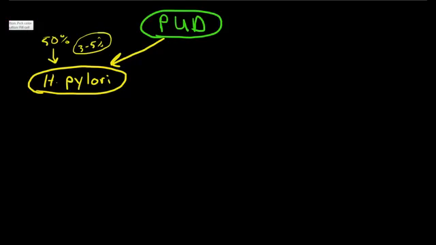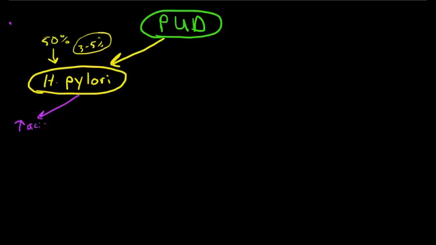Well, what does H. pylori do? It's a nasty little organism that is perfectly adapted to live in and feed in our stomach. So it does 2 things. First, it increases acid production.